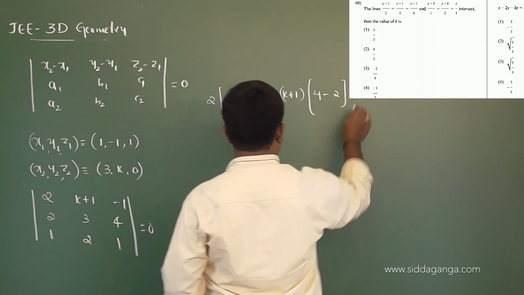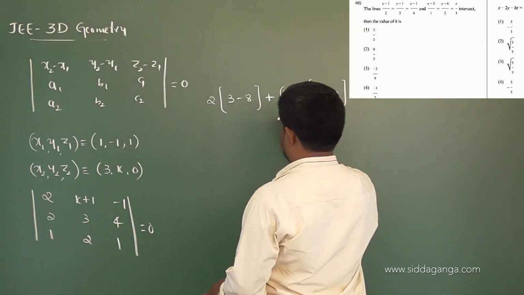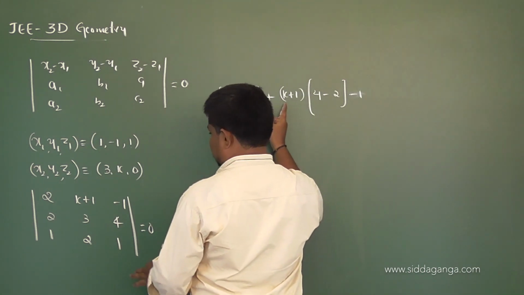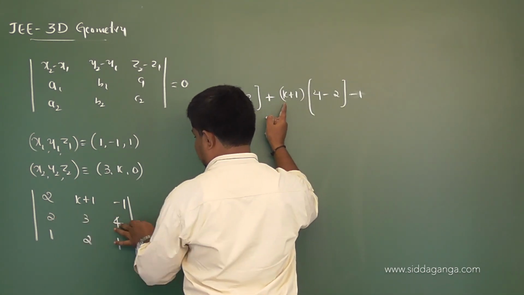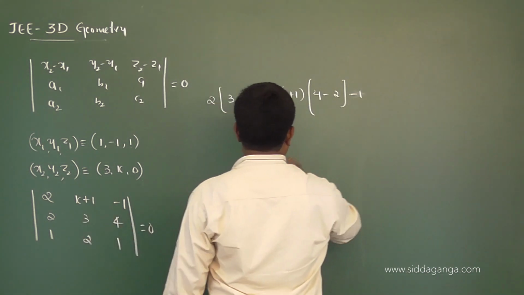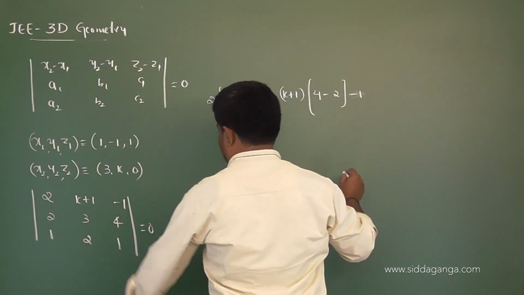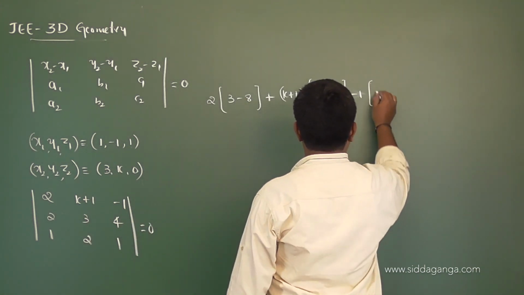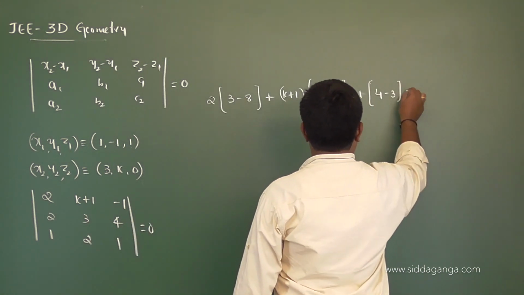plus minus 1 into, I take plus k plus 1, because instead of taking this into this, you can first take this into this. So, minus 1 into (4 minus 3) equal to 0.